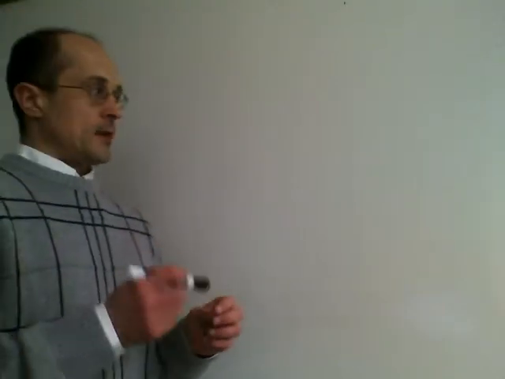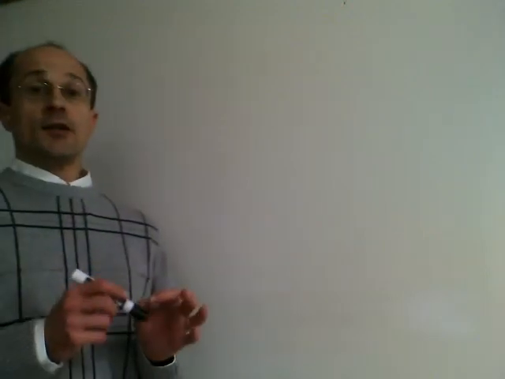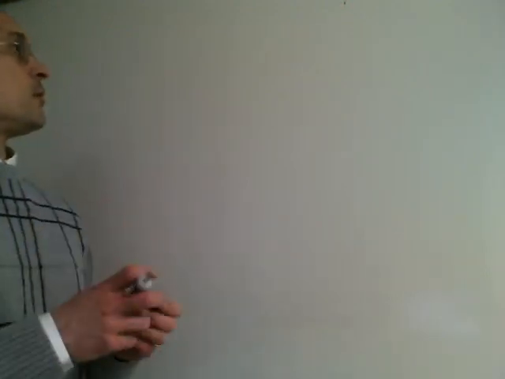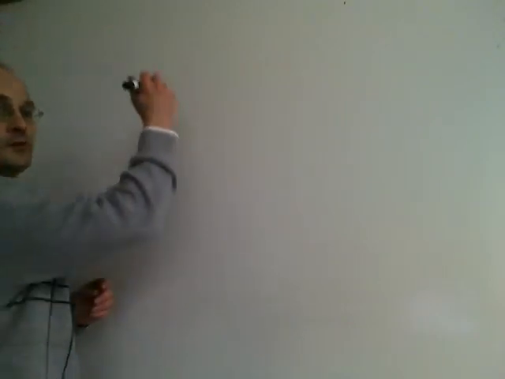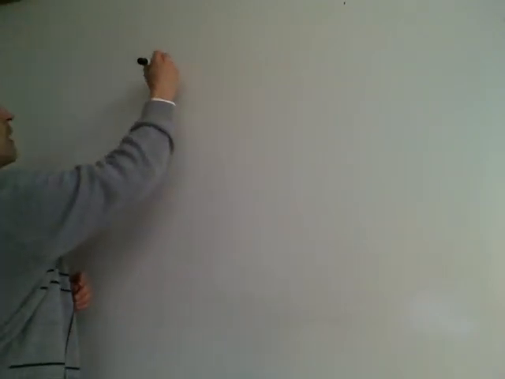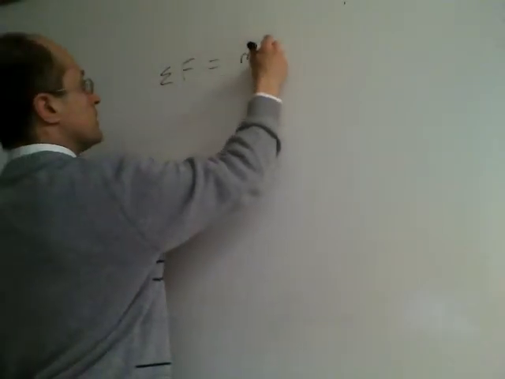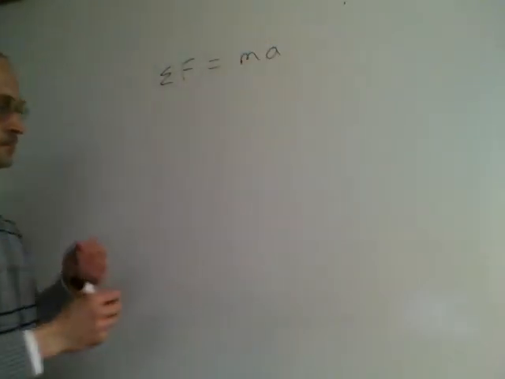All right. What we want to look at today is the idea of linear momentum. To get a general idea of linear momentum, we want to start off with Newton's second law, that the sum of the forces is equal to ma.